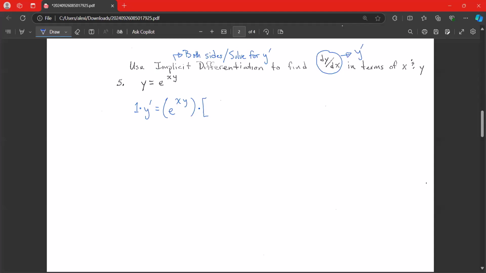So I'll go ahead and keep my first, which is x, times the derivative of y, which is 1 times y prime, plus I'll keep my second, multiplied by the derivative of the first, which is just 1. And then let's clean it up. So I have y prime equals, I'll go ahead and distribute x e to the xy times y prime plus y e to the xy.